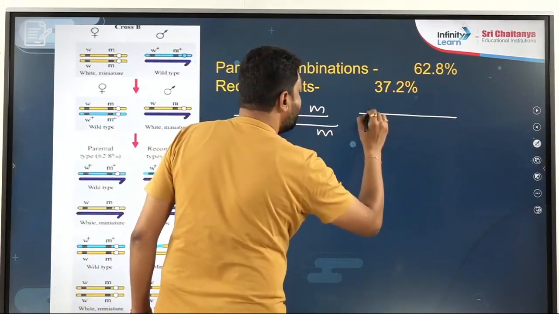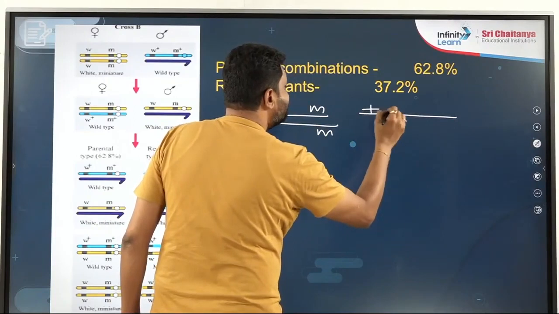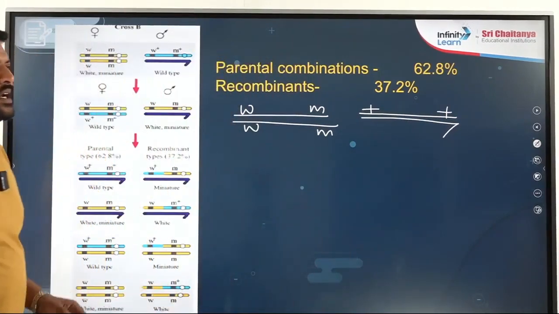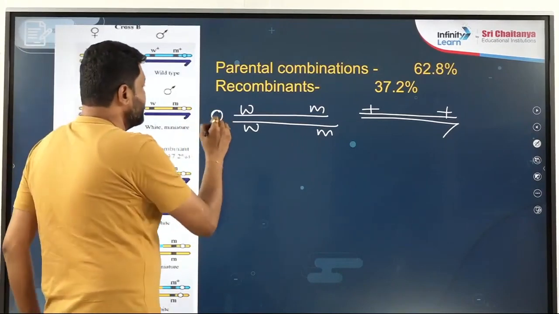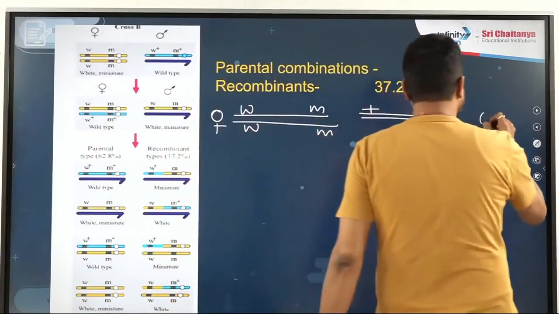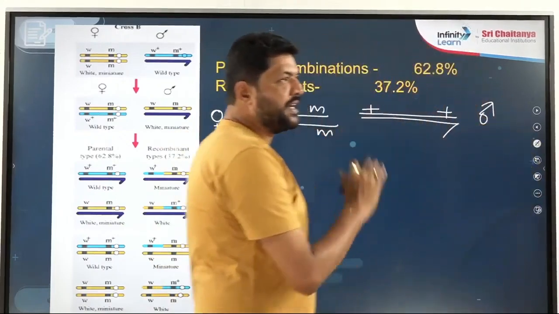This is the male: plus plus Y. Always the female taken is double recessive, and the male is taken double dominant in the parental generation.